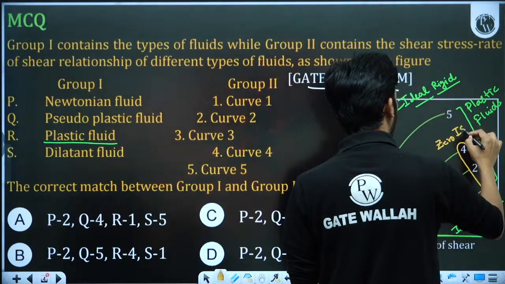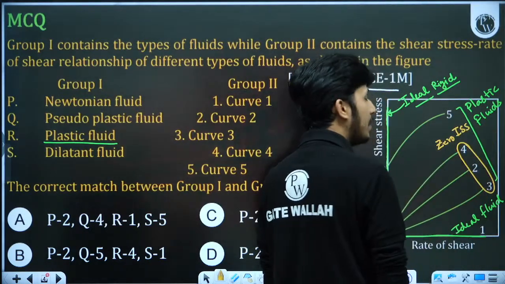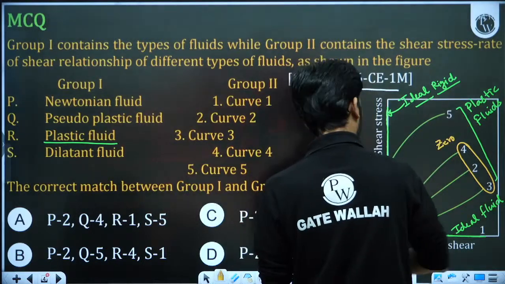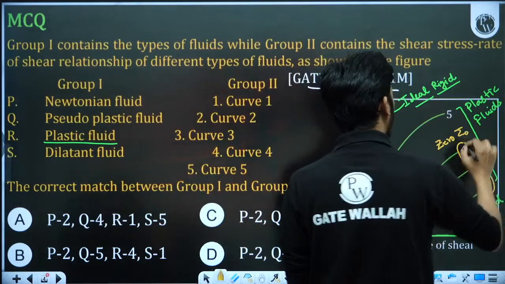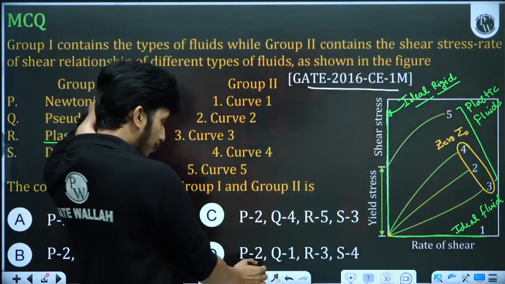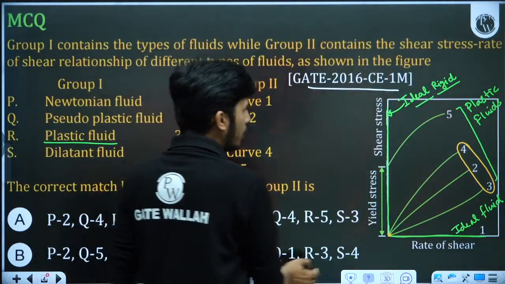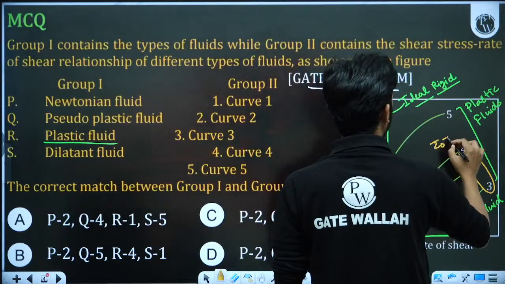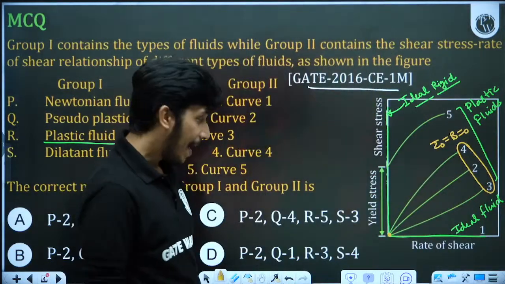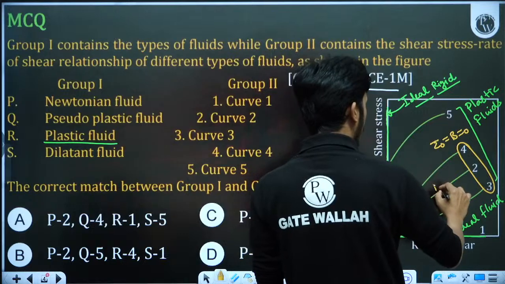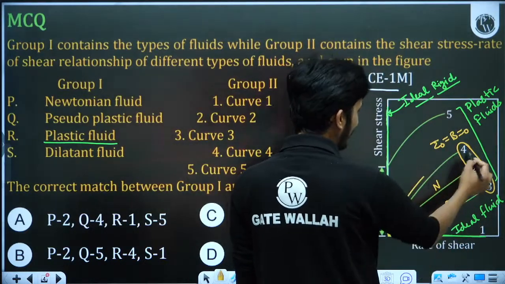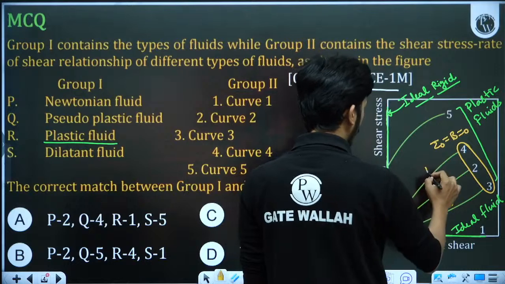ISS means initial shear stress, or we will say zero B fluid, or zero tau naught fluid. Zero shear stress means tau naught, which is also B, is equal to 0 for these three fluids. In that, which is a straight line, that is Newtonian, which has increasing slope, that is dilatant, and which has decreasing slope, that is pseudoplastic.